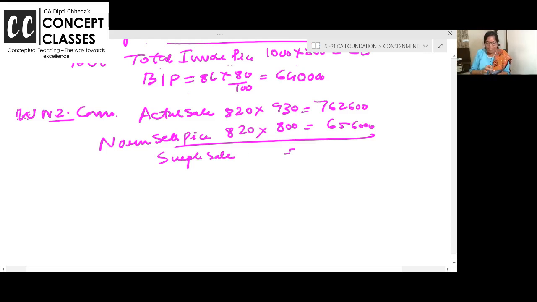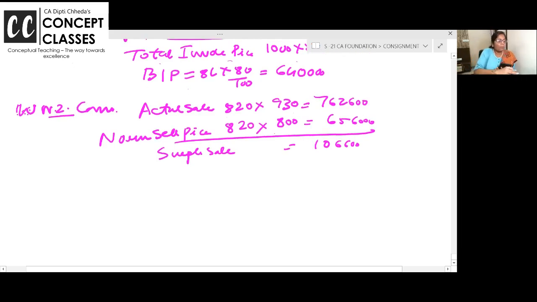See, base level, you remember the very first class I taught you the commission. If that is clear, this is going to be clear. 820 units are sold at 930. 820 at 800. So how much is extra? 1 lakh 6,600.